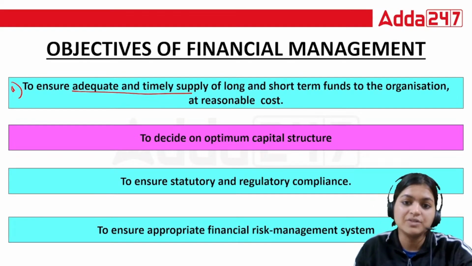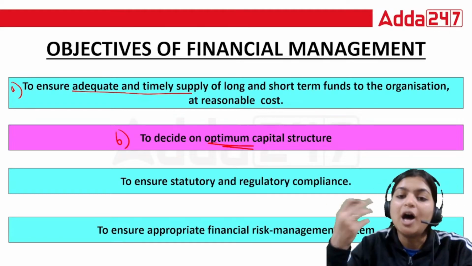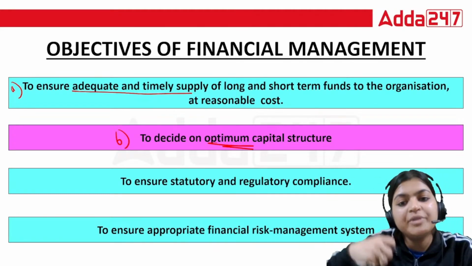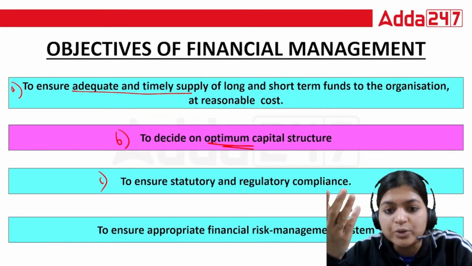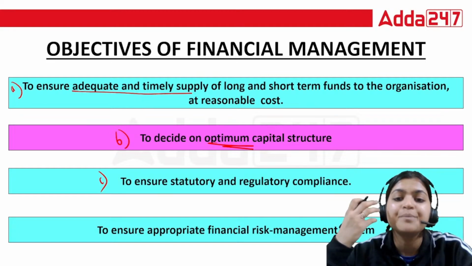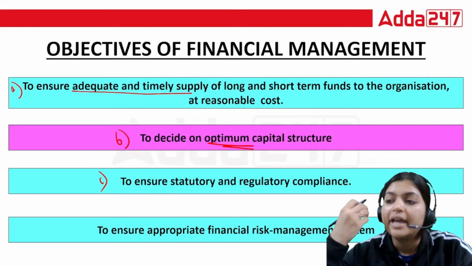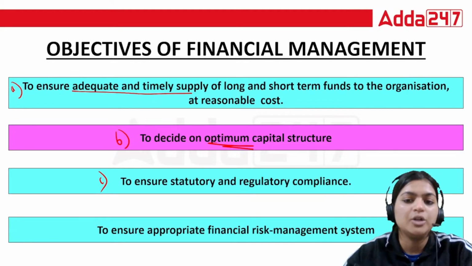Then you can decide your capital structure also, how much you will borrow and how much you will bring from your own funds. Then you can ensure compliance with regulations, like GST regulation and income tax regulation, you can comply with those laws as well.